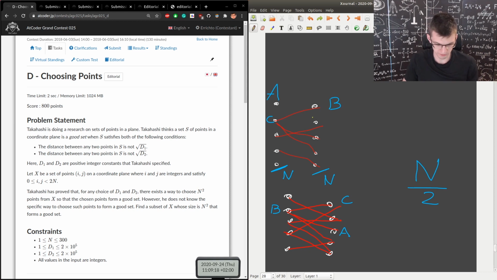Either we will do something greedy, or it will be something with augmenting paths. I hope not the latter, because I don't like flows, matchings, stuff like that. If I take this point, I cannot take some of those.